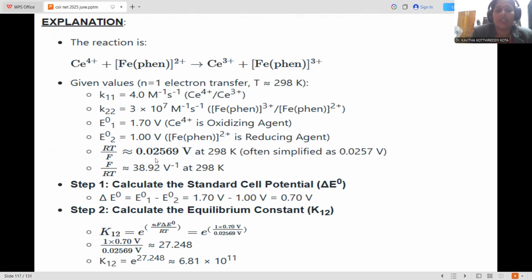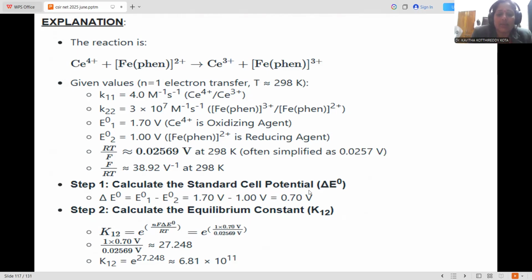So here you can simply write this as 0.0257 volts. F by RT, if you are inverting the equation, becomes 38.92 volt inverse. The value is totally inverted; we are reversing the terms. So we got 38.92 volt inverse at 298 Kelvin.